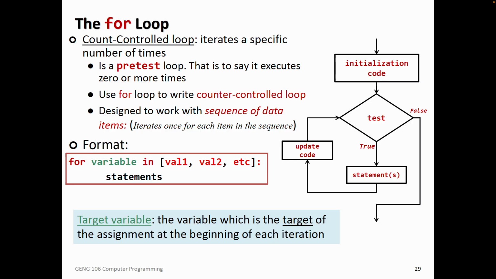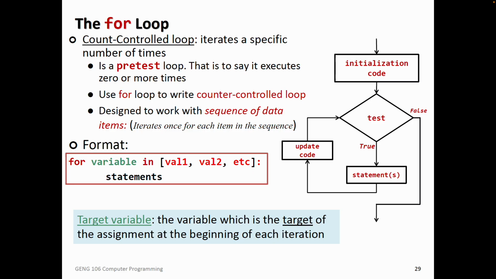Square brackets in Python mean it is a list, a sequence of data. Between those square brackets, I put my data, val1, val2, and so on. Then here again we have the colon, and then we write the statements, but again we need to pay attention to the indentation so that we know that those statements with the indentation belong to the for loop.